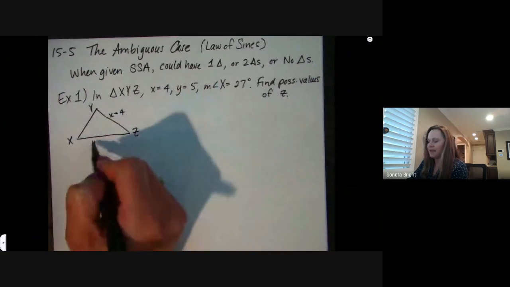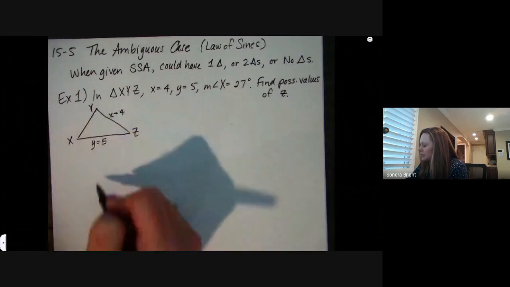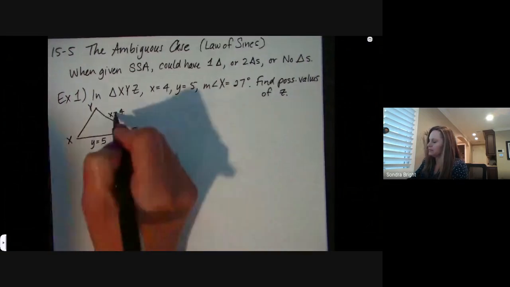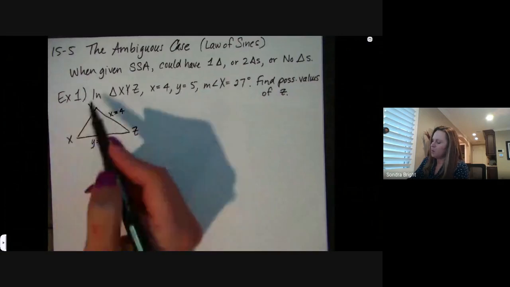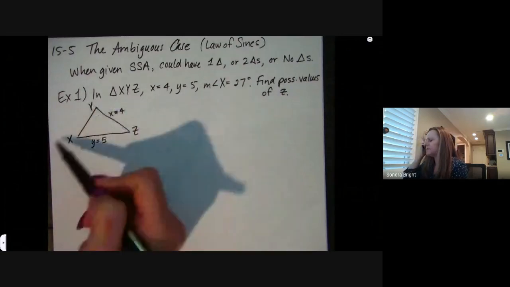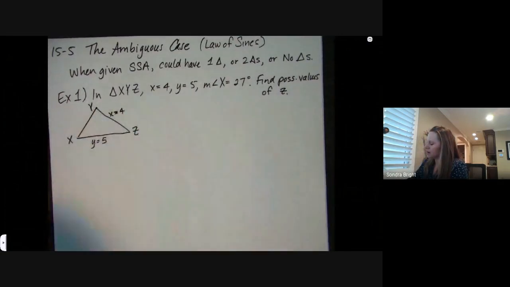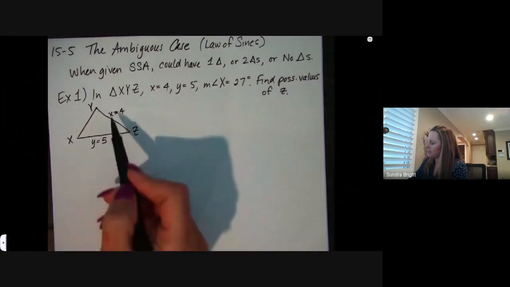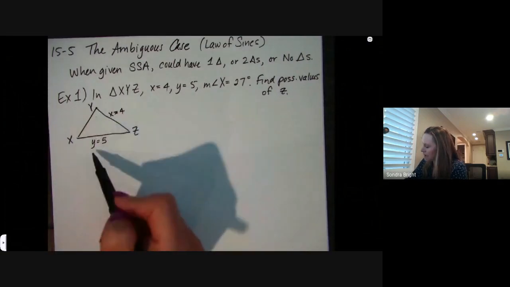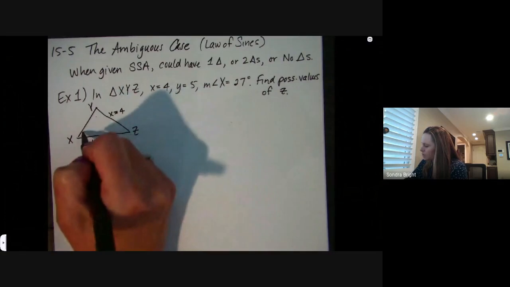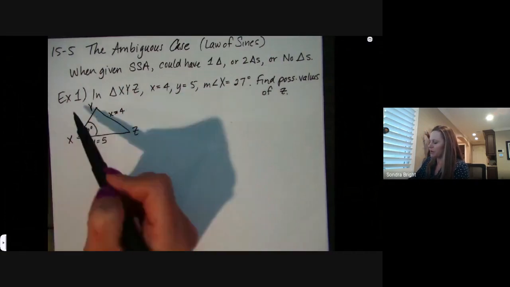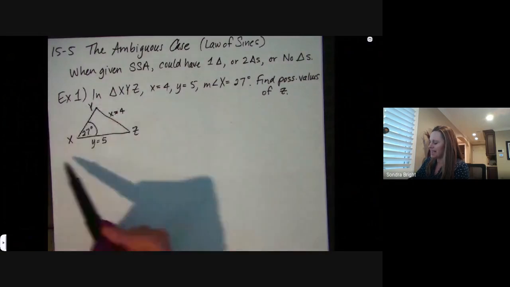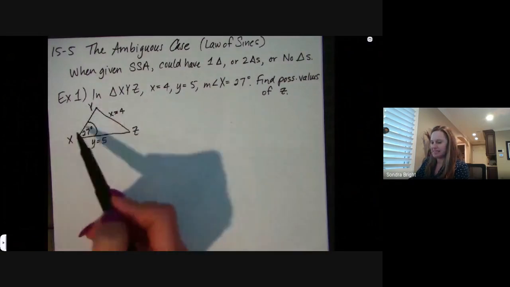So make sure you label them correctly that way. I've got side x is 4, side y is 5, and angle X is 27 degrees. As you go around the triangle, what did they give me? Side, angle. Side, angle.